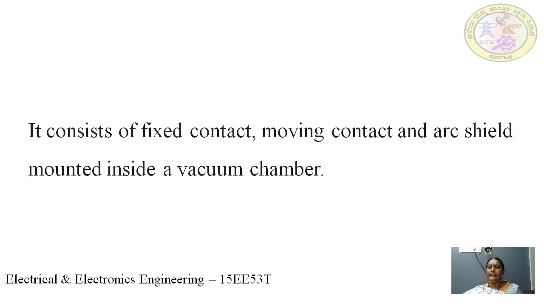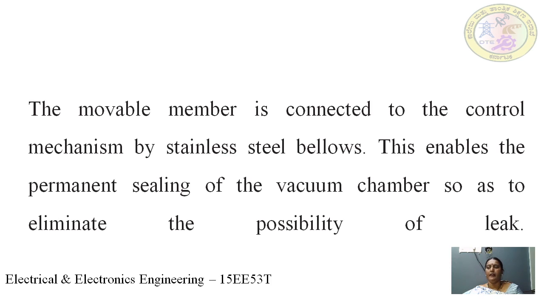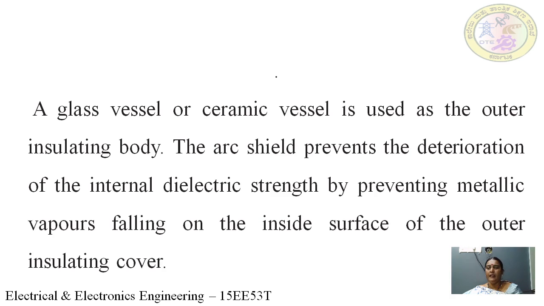Here it consists of a fixed contact, moving contact and an arc shield mounted inside a vacuum chamber. The movable member is connected to the control mechanism by a stainless steel bellows. This enables the permanent sealing of the vacuum chamber so that it will eliminate the possibility of a leak.